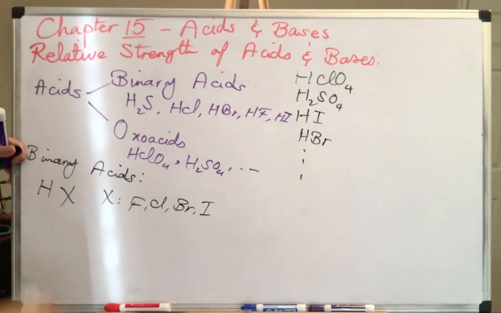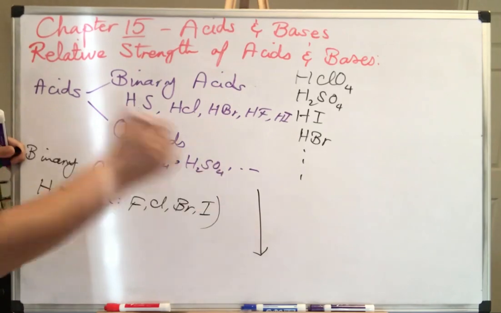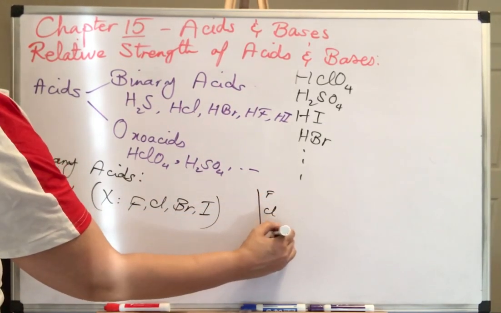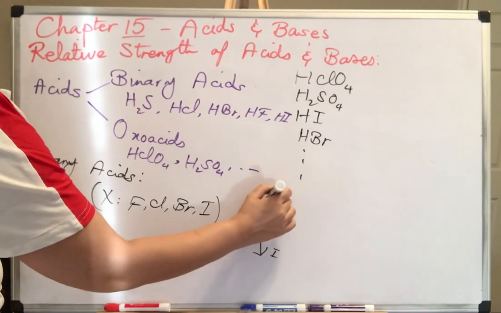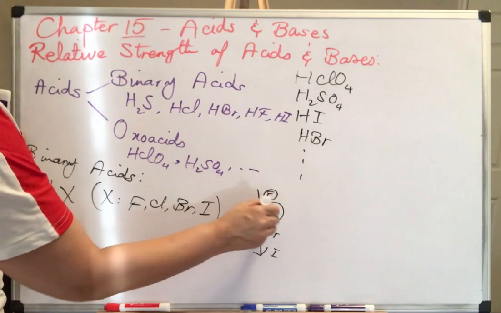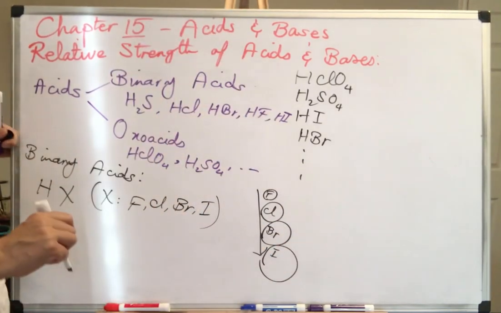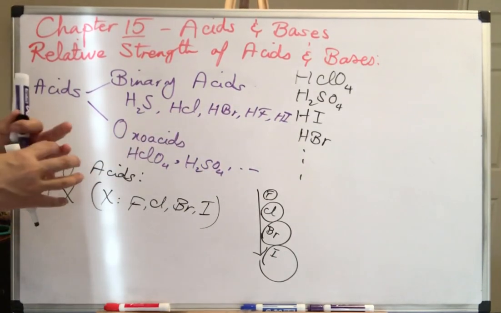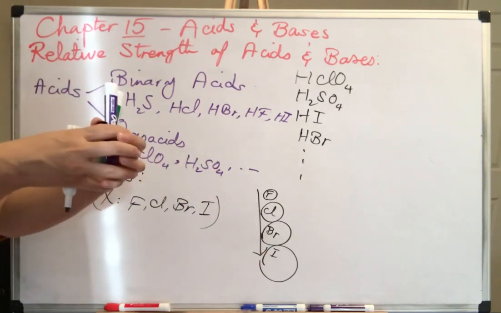As the size of X increases, which is from top to bottom in a group, fluorine, chlorine, bromine, and iodine, by increasing the size, the bond between hydrogen and the halogen is going to become weaker and weaker.